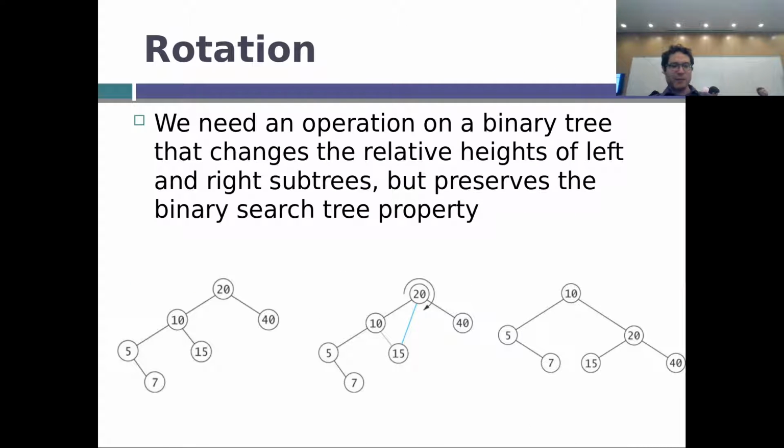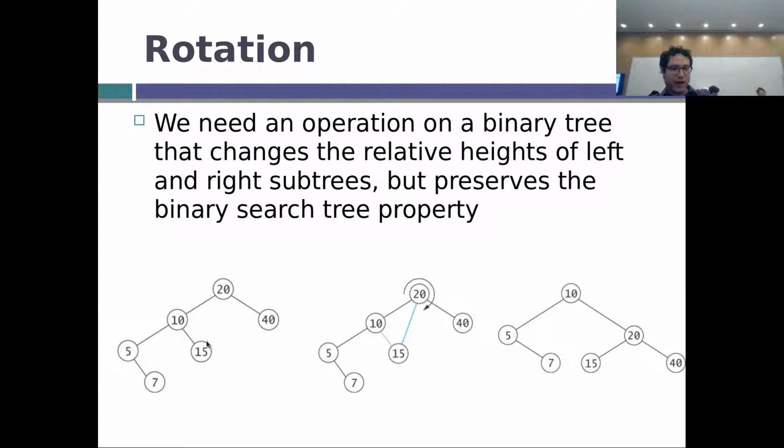Notice what happens here is that the tree is still a binary search tree, because we're taking this right child and putting it on this node's left child. No problem there, because this is still less than this node.